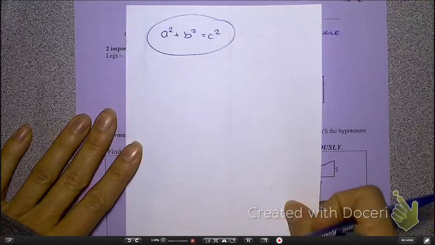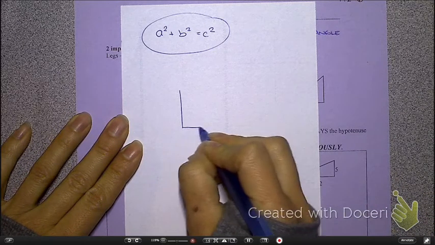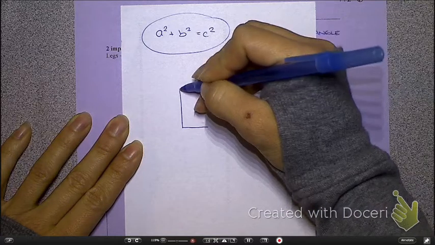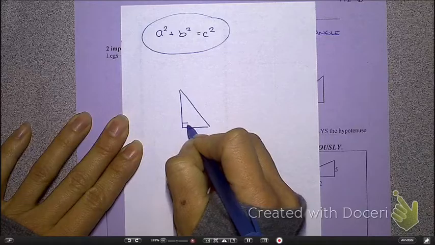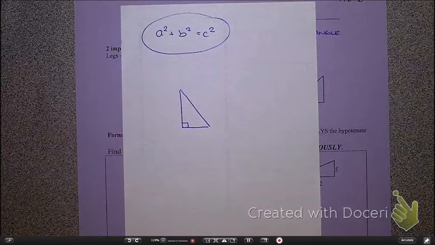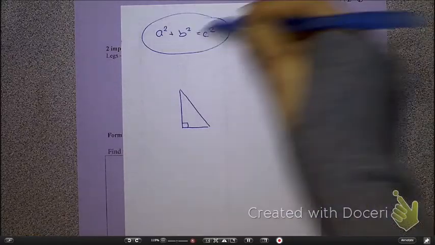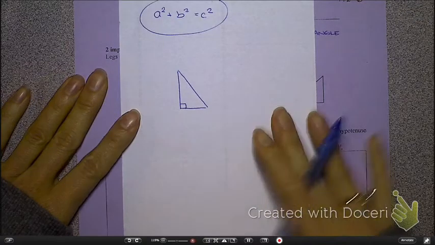So if I have a right triangle, and it doesn't matter how big or how small I draw this right triangle, okay? But every right triangle has a right angle, right?